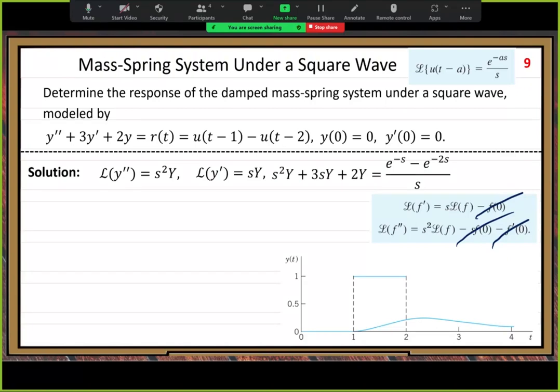Left hand side: s squared capital Y plus 3s capital Y plus 2 capital Y. Right hand side, that formula. Apply it twice, first time, second time: e to the negative s minus e to the negative 2s, with a common denominator s. Then we solve this algebraic equation for capital Y. Capital Y equals this expression.